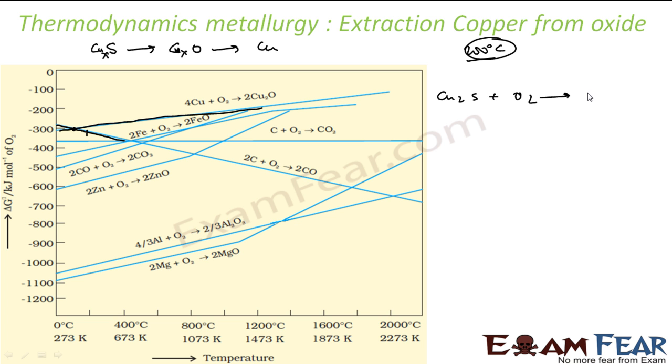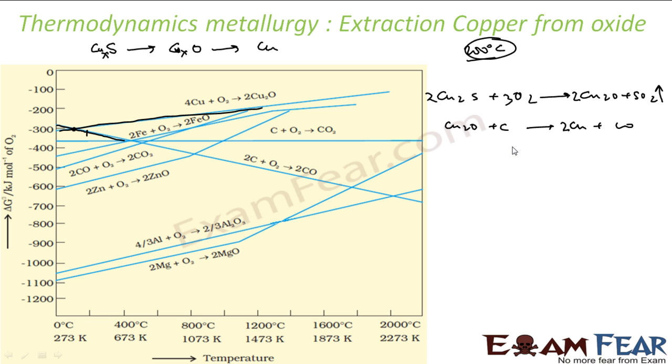In the presence of oxygen, you get copper oxide and sulfur dioxide gas. You can balance this reaction. Once I have got the copper oxide, I can reduce it to form copper. Cu2O, I can reduce in the presence of carbon to form copper and carbon monoxide.